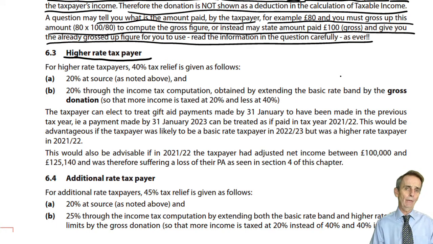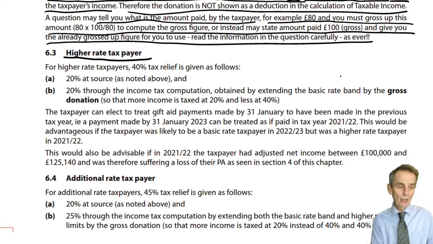Read the question carefully, therefore. Did we get given in the question what they say is the actual amount paid under the gift aid scheme to the charity? That is the net. That's my £80 in our continuing example. Or sometimes, just to make life easier for you, not to trick you, it's one less calculation to do.